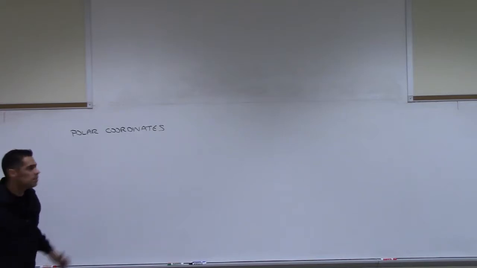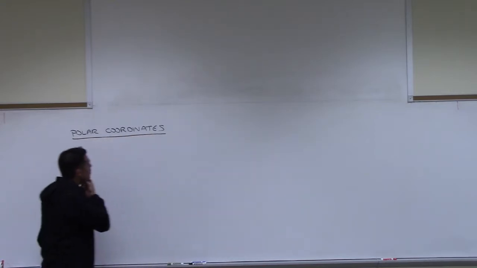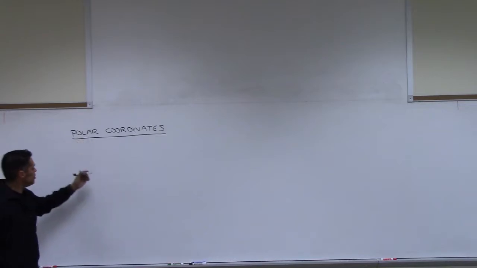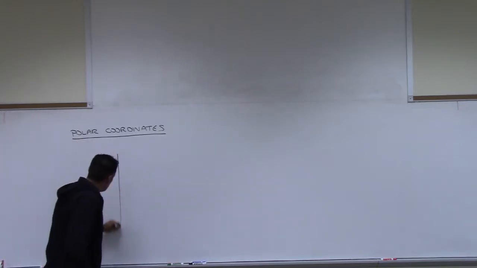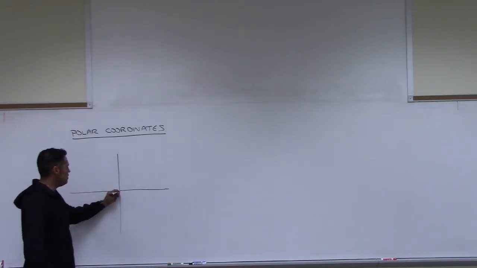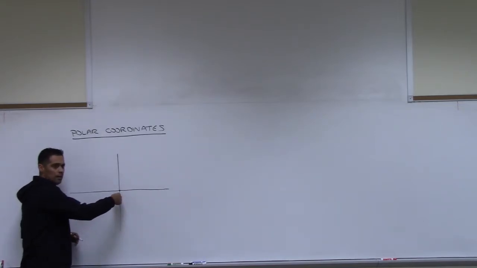No? All right, the word polar coordinates comes from the word pole, which refers back to our Cartesian plane. The origin, right here, this point, we call it the origin. In polar coordinates, that's referred to as the pole, all right?